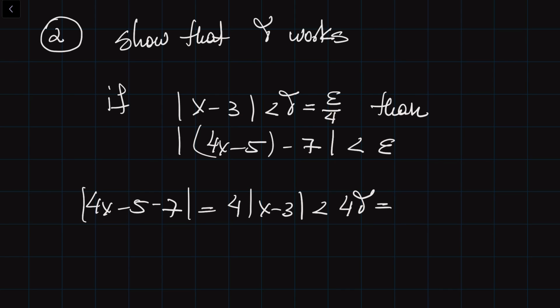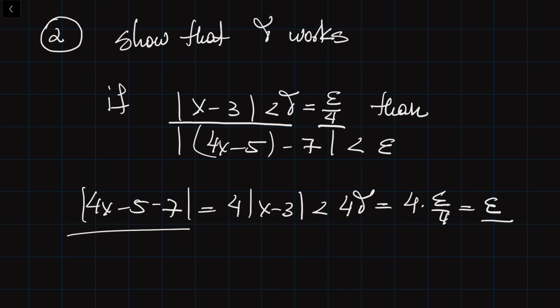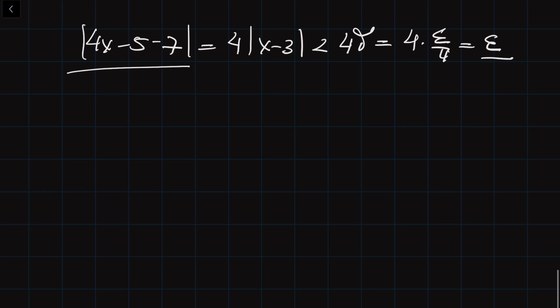At the same time, I know that the delta is equal to the epsilon over 4, so it is going to be equal to 4 times the epsilon over 4, which is equal to the epsilon. So this expression is smaller than epsilon if I choose x minus 3 smaller than delta, which is equivalent to the epsilon over 4. This is a little bit theoretical, but it proves what we want.